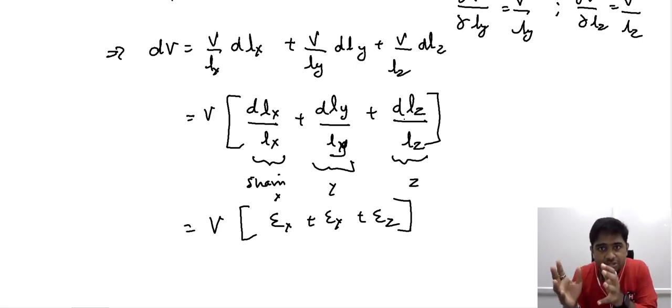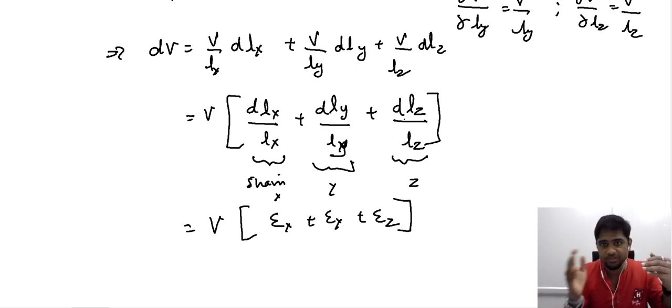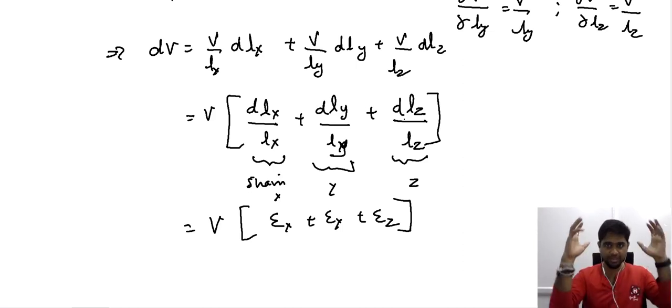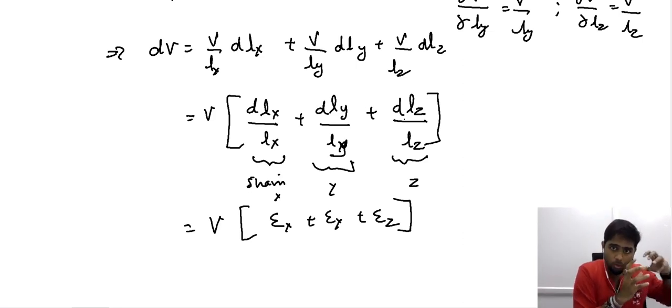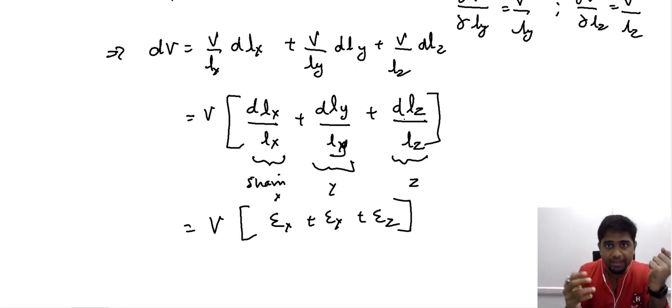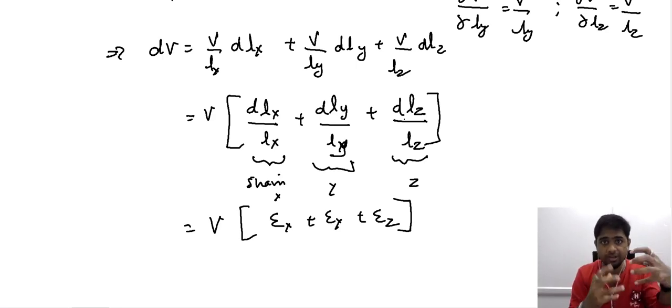So each of these terms indicates the resultant strain along the specific direction when you impose a triaxial tensile loading. So we have begun with a triaxial tensile loading assumption. We have considered the volumetric change and expressed it in a specific format, and owing to the relation between the volume and dimension in a specific direction, we were able to get rid of the partial derivative and introduce a ratio.